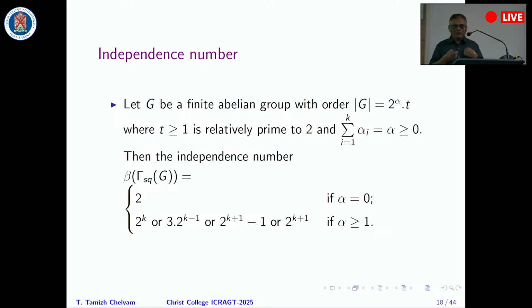Of course, people with very good knowledge of graph theory know independence number is denoted by alpha. Why am I using beta? Because alpha is our exponent, we cannot combine that, so we are forced to use a different symbol. So the independence number is either 2, or 2^k, or 3 into 2^(k-1), or 2^k minus 1, or 2^k plus 1.